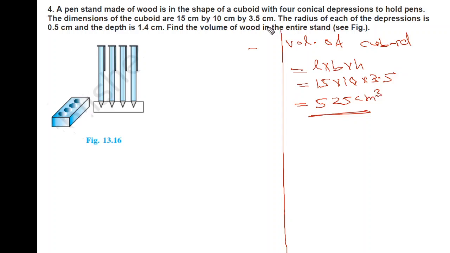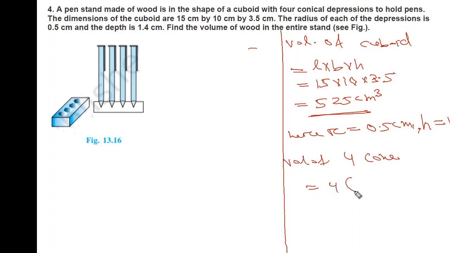Now what we have to find? Volume of each cone. For cone here r is given, radius is 0.5 cm, h you can write h equal to 1.4. So volume of 4 cones you can write equal to 4 into, you have the formula for volume of cone, that is 1 by 3 pi r square h.